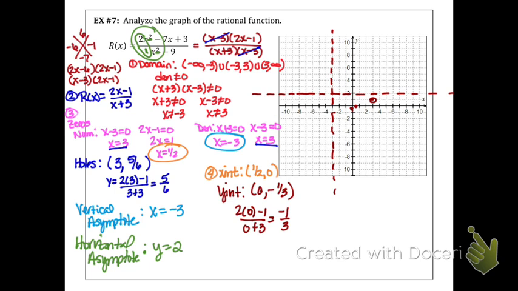All right, now this part of the graph, we can kind of see what's going on. If we play connect the dots and let the asymptote shape us, it's going to do something like this here. And then this is going to have to go towards that horizontal asymptote. But we don't know what's happening on the other side. The other side is either going to look something like this or something like that. How do we know which?